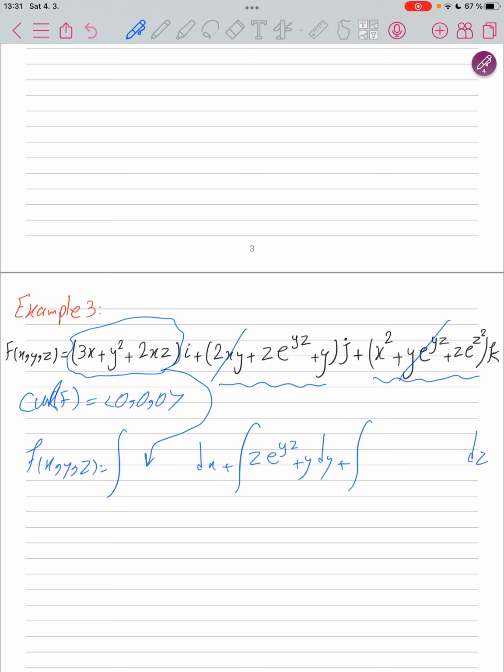So therefore you should ignore this, you should ignore this. Therefore what you have is z e to the z squared. Therefore you can go ahead and compute.